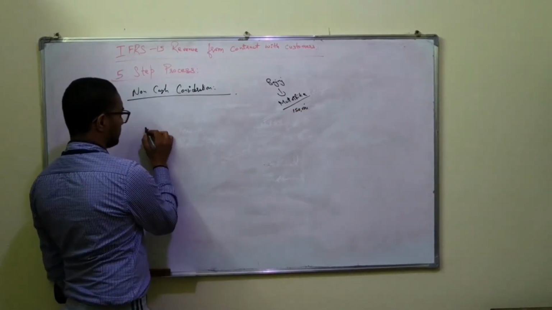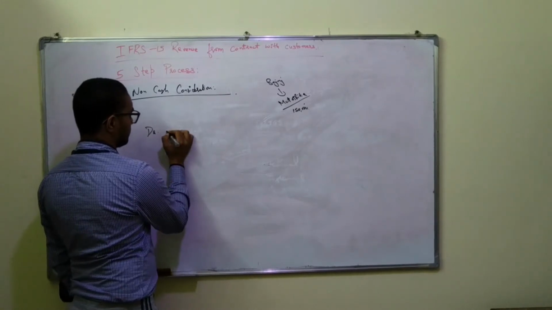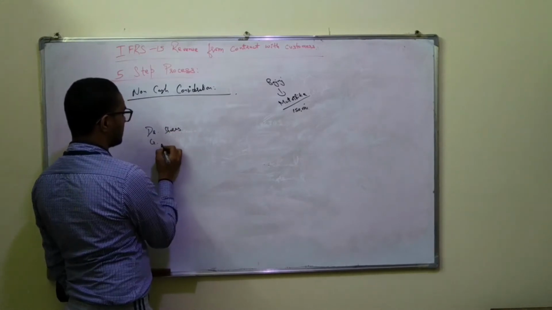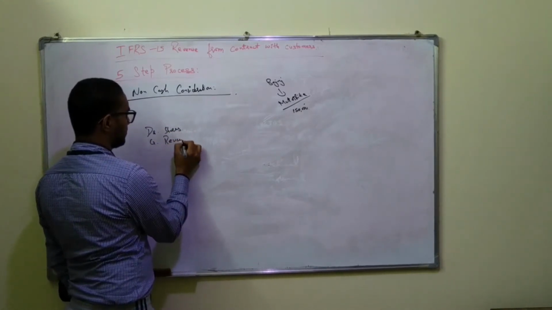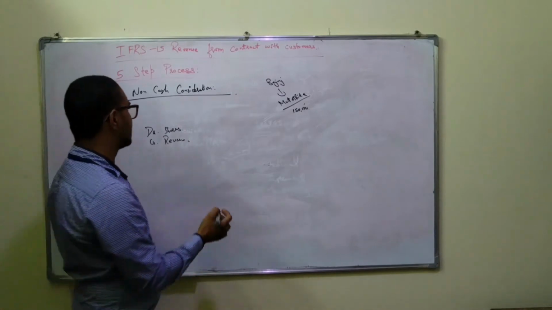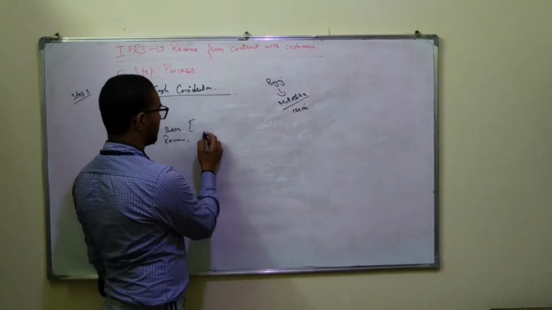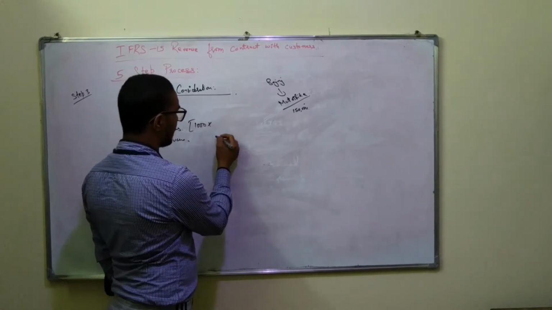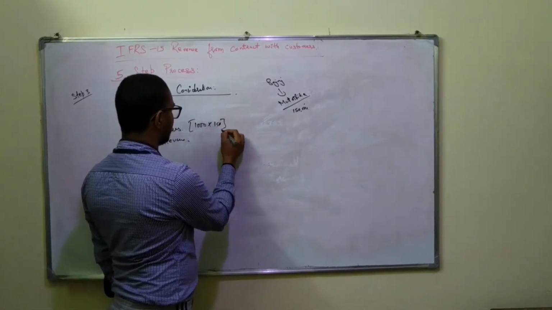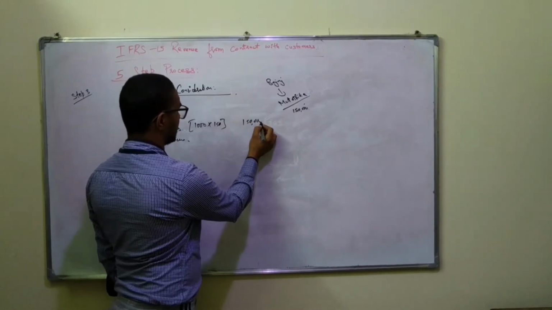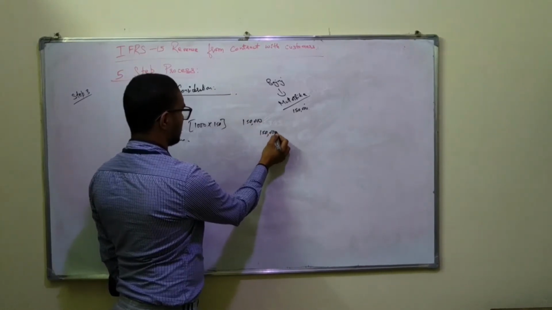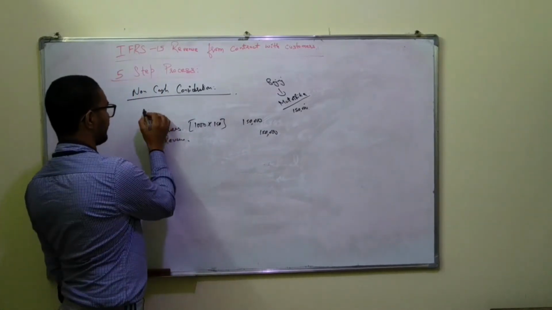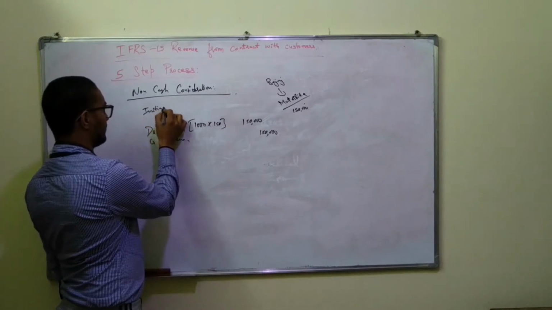And then suppose that person is giving you shares. Suppose this particular fellow is giving you 100 shares or 1,000 shares at the rate of 150. So you have to recognize 150,000 as the revenue.